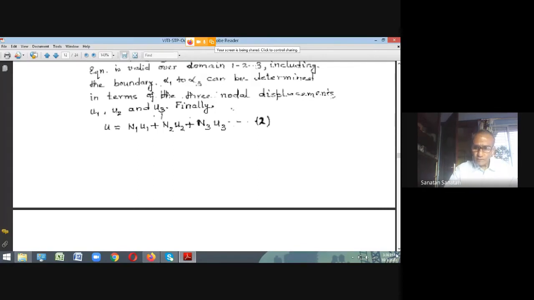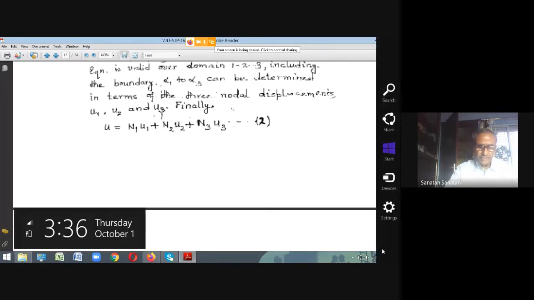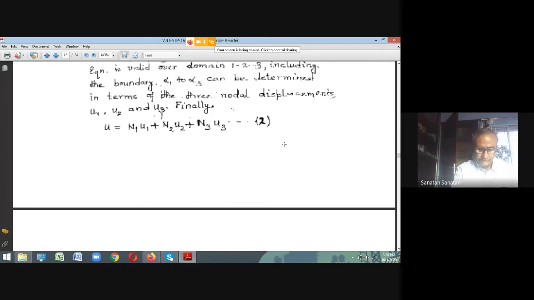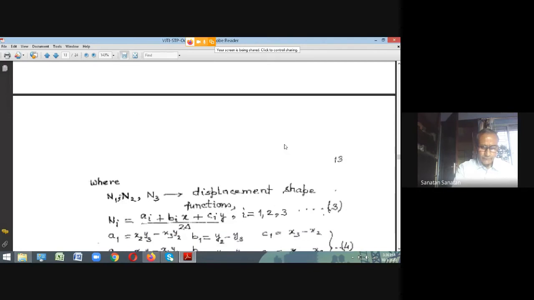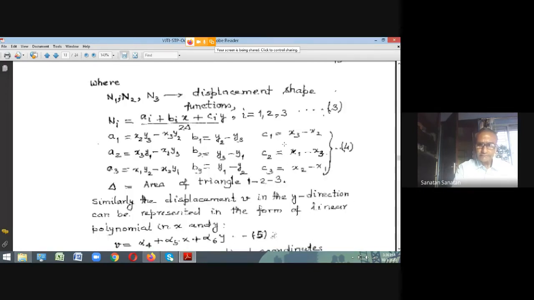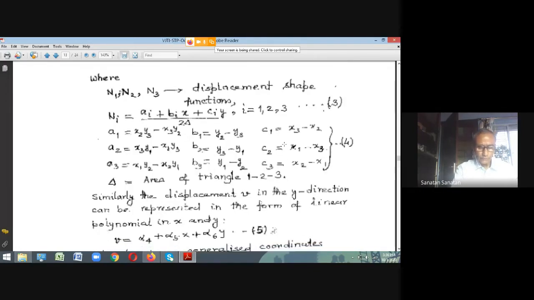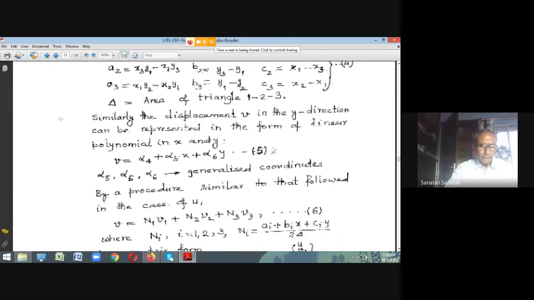Similarly, if we follow the procedure for V, the V surface will also be a doubly curved surface, and that doubly curved surface again can be approximated. Following a similar approach to what we just followed for U, we can write V at any point within the element and also on the boundary of the element as alpha 4 plus alpha 5 x plus alpha 6 y, a linear polynomial, or plane-like.